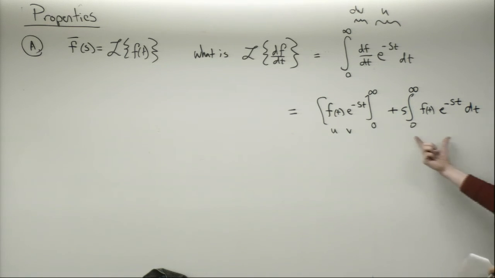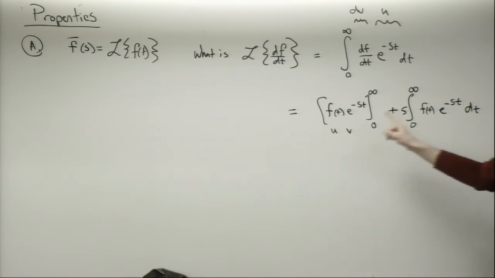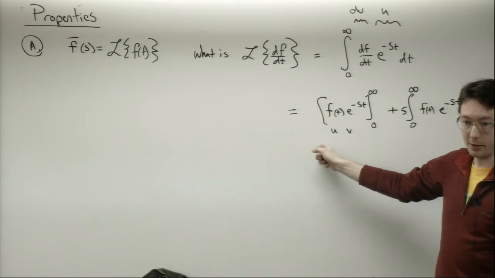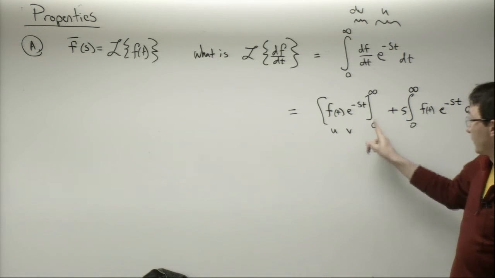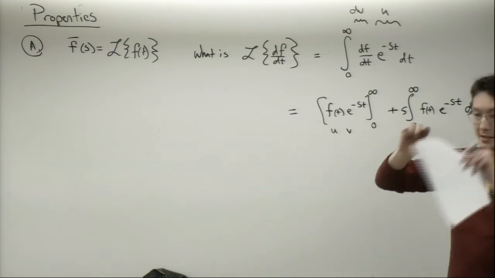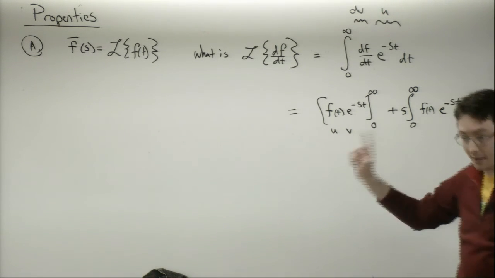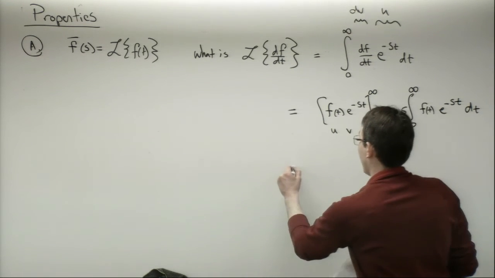Okay, so this right-hand part is actually really simple now. It's just s times the Laplace transform of f. Before, when we did Fourier transforms, this term went to 0. Does anyone remember why? Because it was from minus infinity to infinity, and my function f was guaranteed to be 0. But that's not true here. This is a little bit interesting.